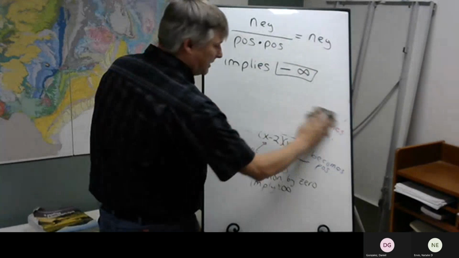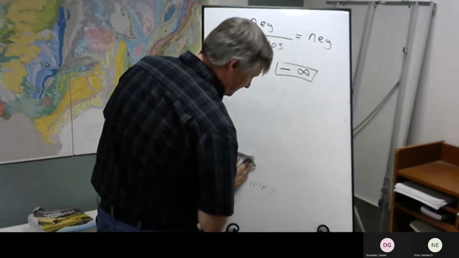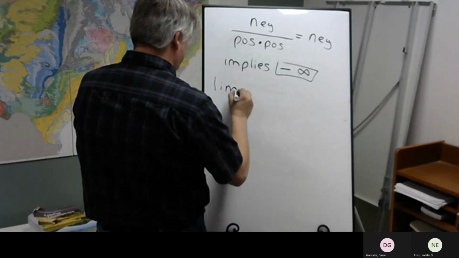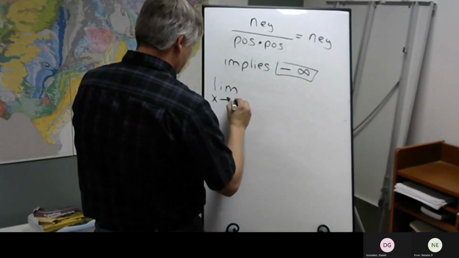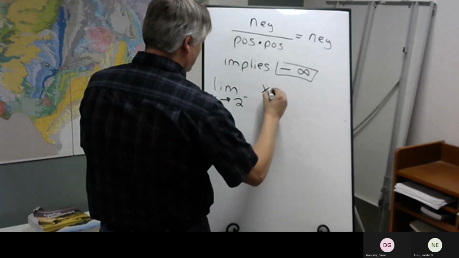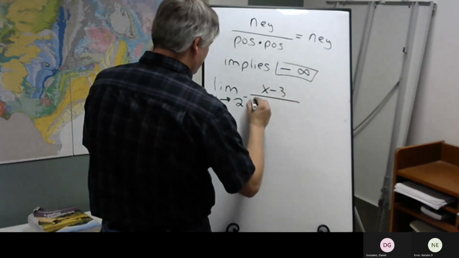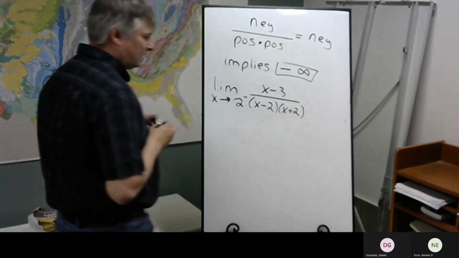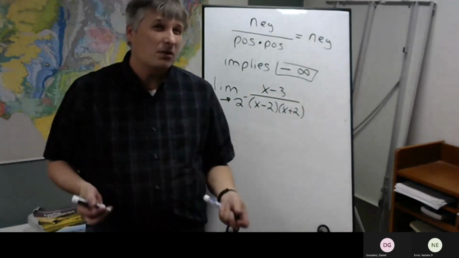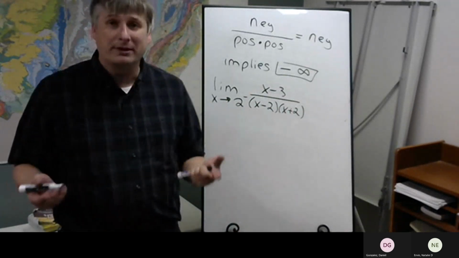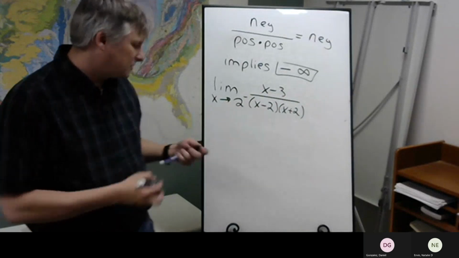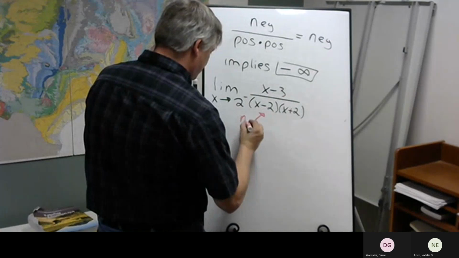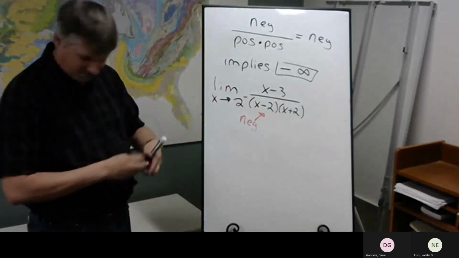Now let's take a look if we approach from the left. So now we're dealing with numbers that are smaller than 2. So imagine 1.9. So 1.9 minus 2, this is becoming negative.